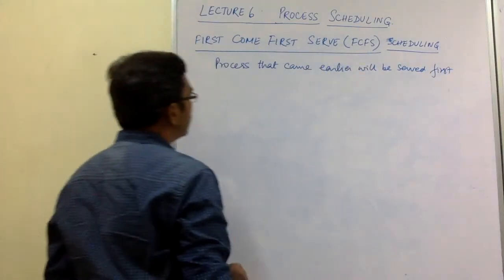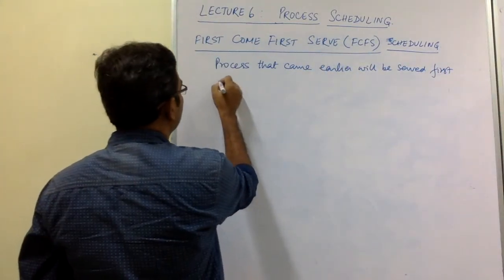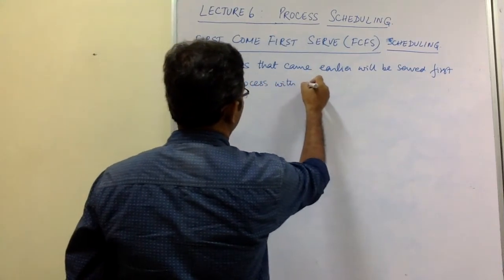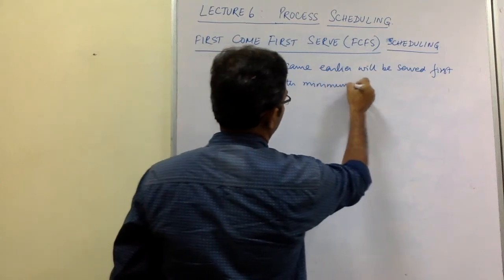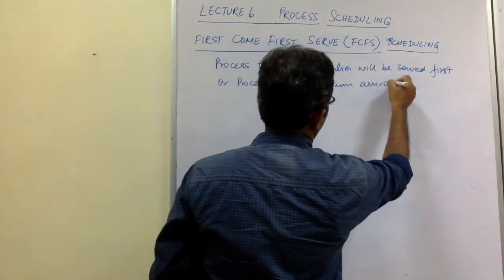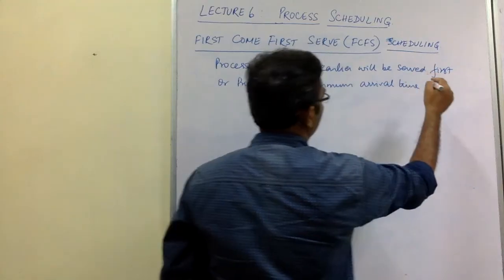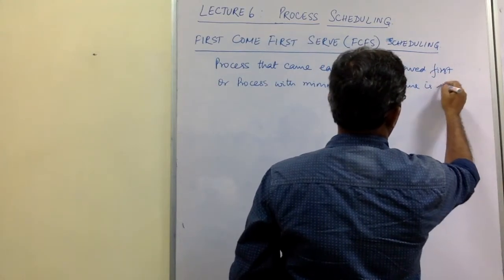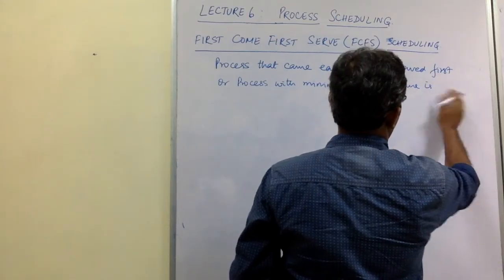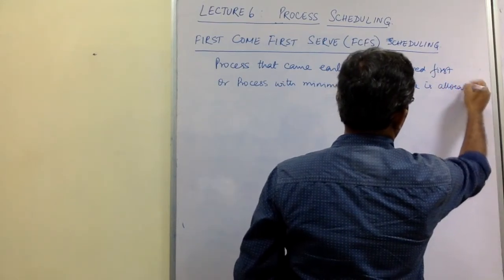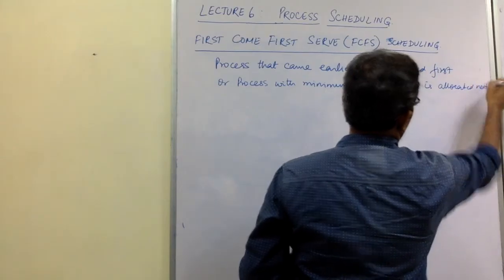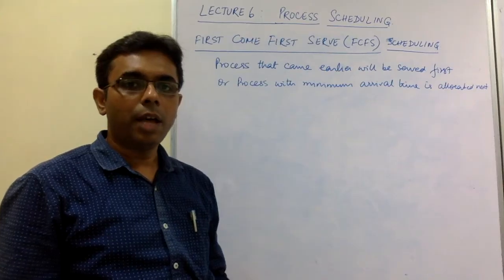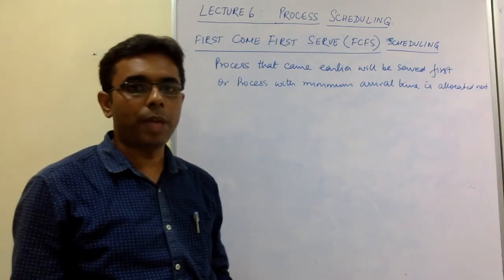Or a process with minimum arrival time is allocated next. If you have to make a decision, you look at the arrival time of all the processes, find the minimum of that, and that is the process that should be allocated.